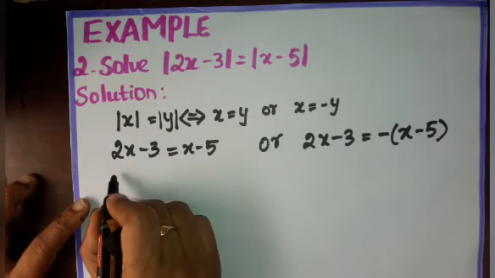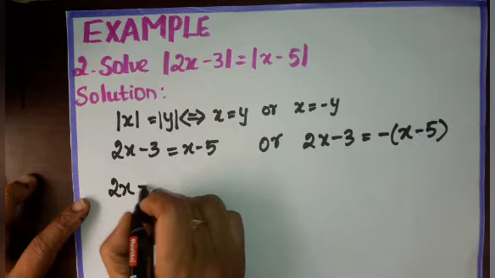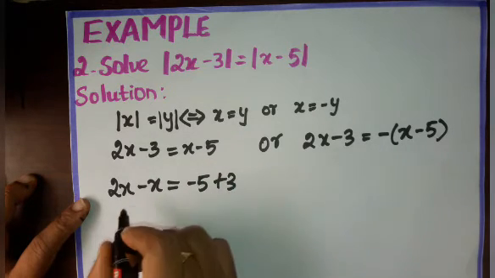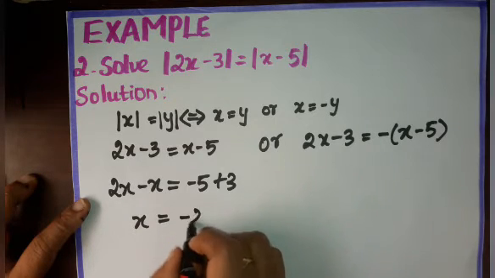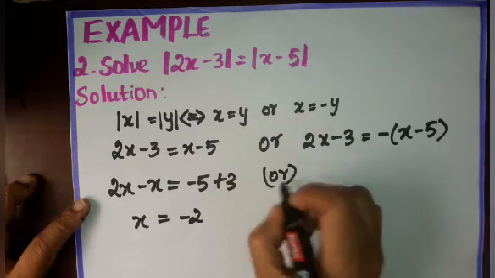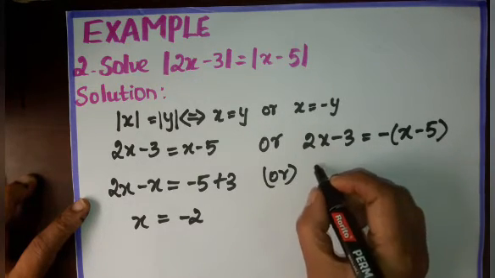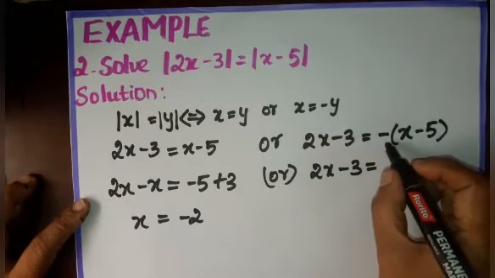Bring x to the left side and numbers to the right side. Then we get 2x minus x equal to minus 5 plus 3. 2x minus x is x, minus 5 plus 3 is minus 2. Next equation, collect x to the left side and numbers to the right side. 2x minus 3, before that we will multiply with the minus sign.